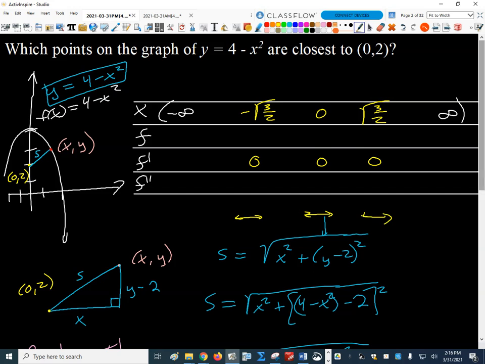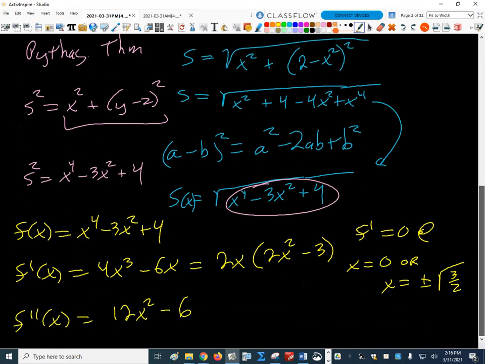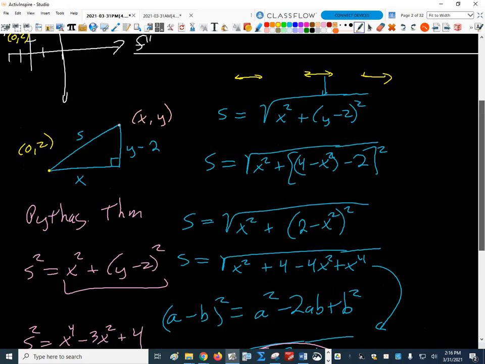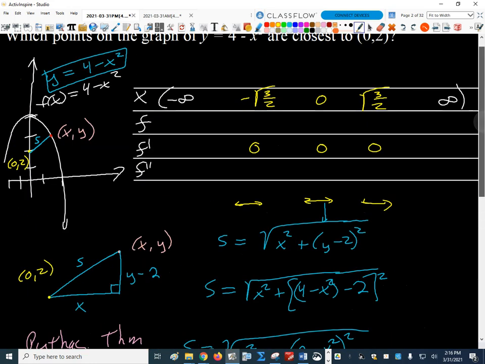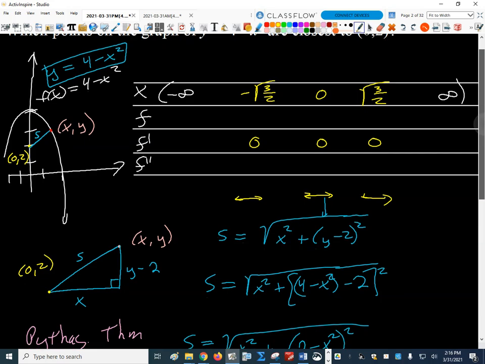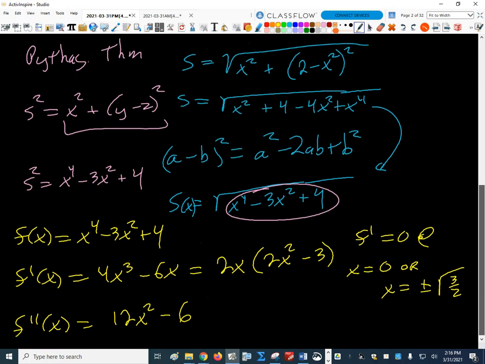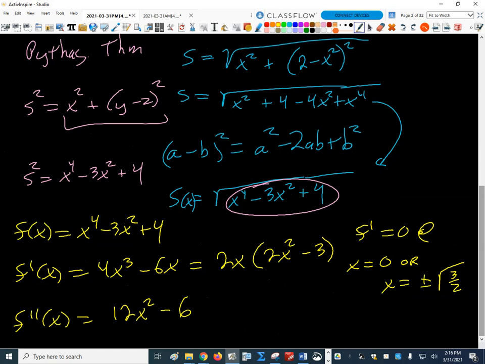Now the second derivative was easy. So all we have to do is determine the sign of the second derivative at each of these places. Okay, so if I choose plus or minus the square root of 3/2 and plug that in, I'm going to get a positive result, aren't I?